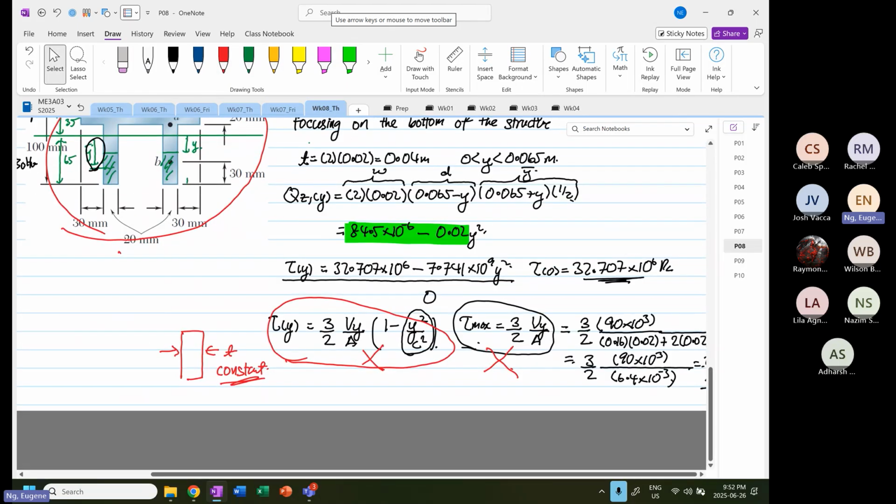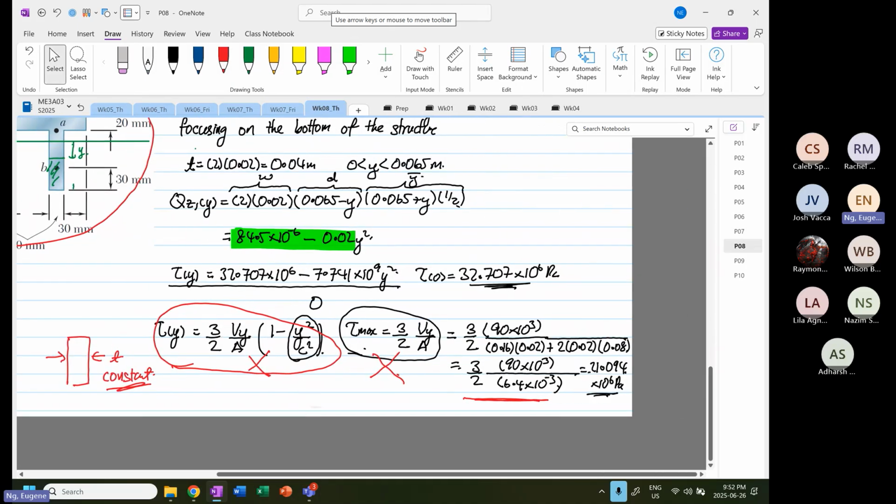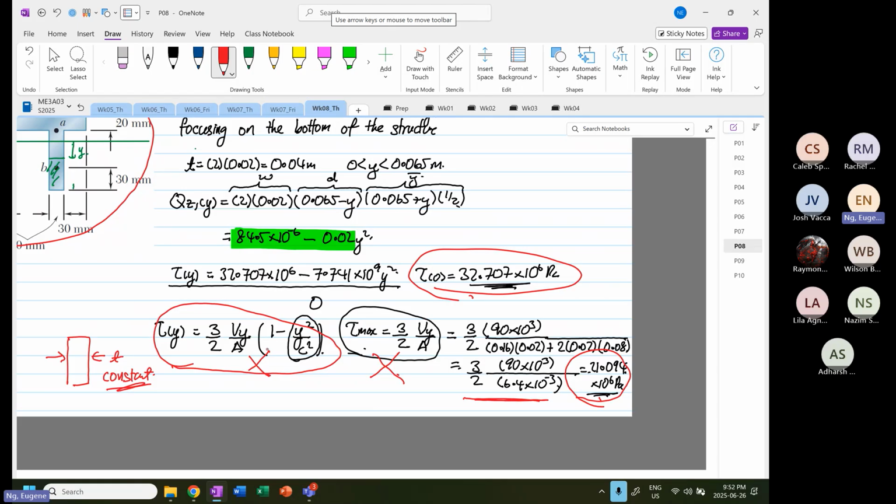That's why what we have over here is underestimated compared to here. Because when we derive 3 over 2 Vy over A, 1 minus y squared over c squared, the thickness is what? Constant. Are we clear? Because I've seen some examples used by the book later on that use this formula and it's wrong. Okay, you cannot just use that formula.